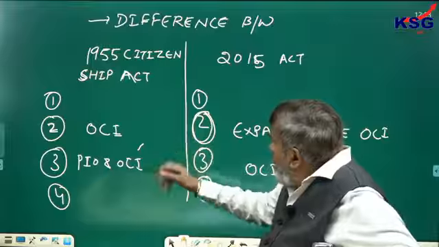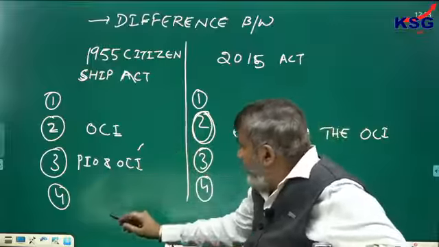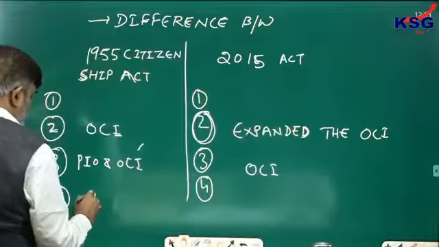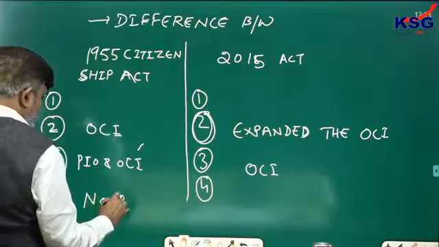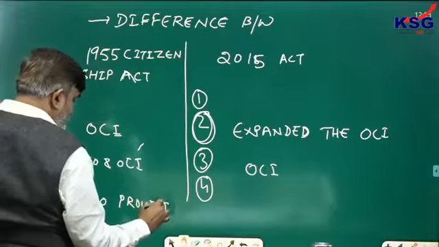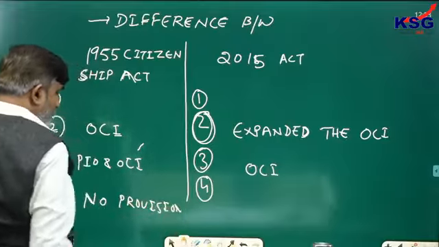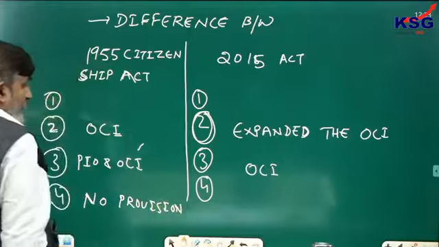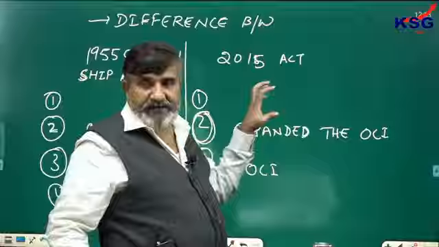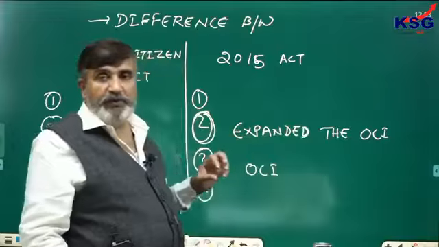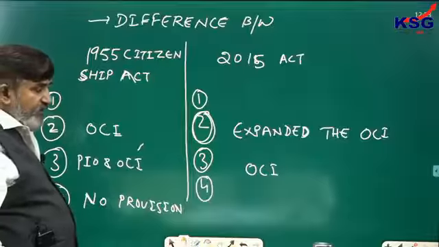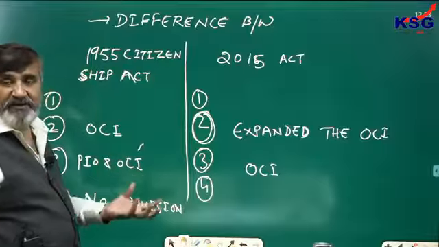Now, no provision in this regard, because when you expanded the OCI definition to include the spouse of PIO and OCI card holder, then you have to put a cancellation clause.